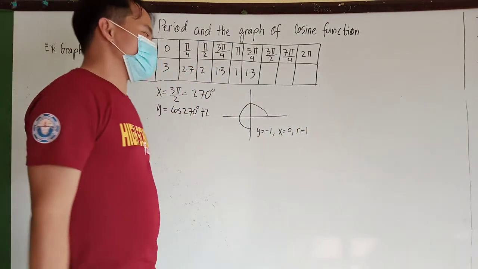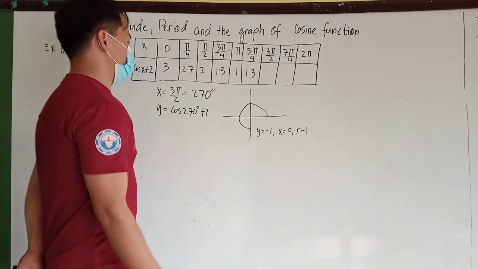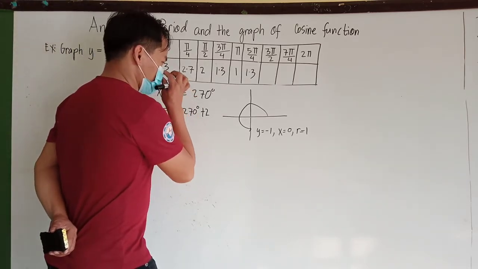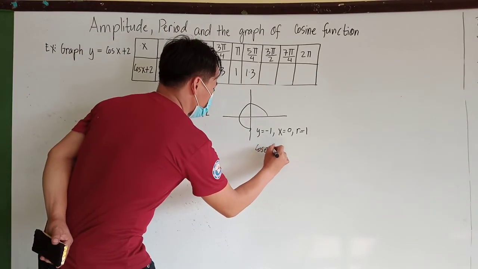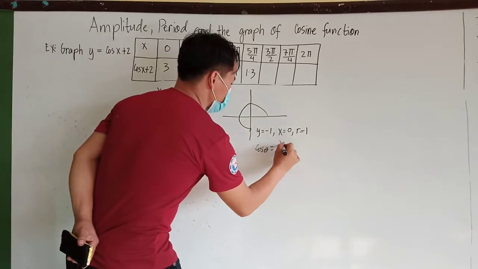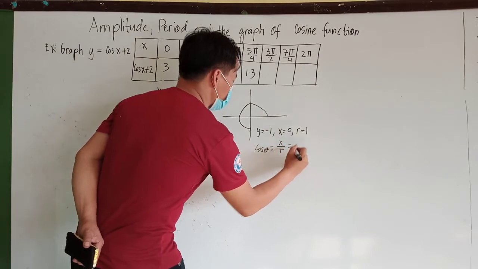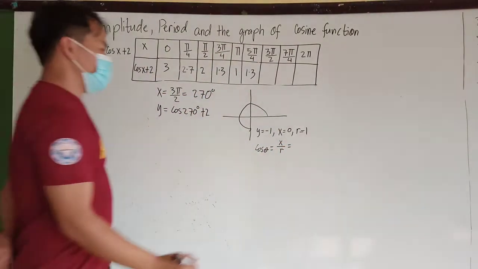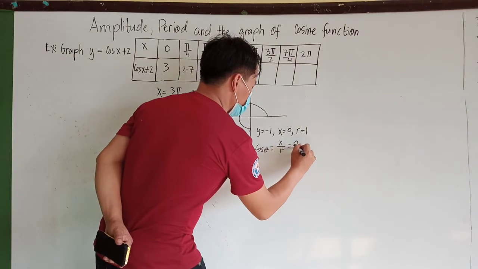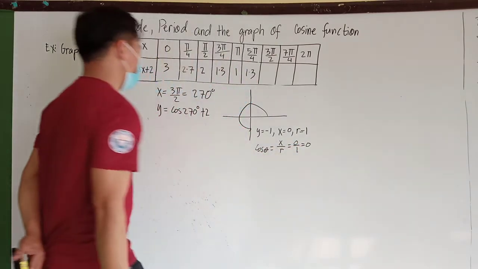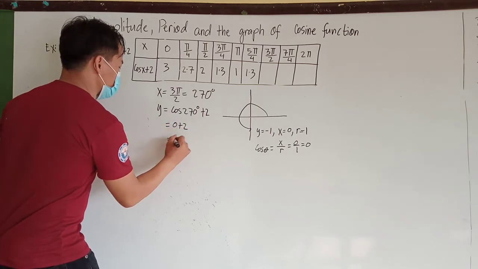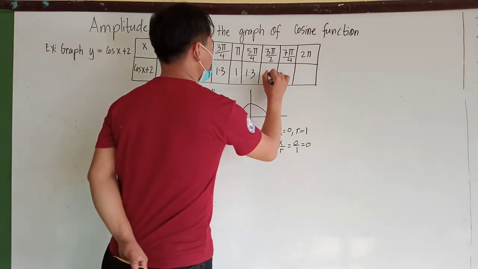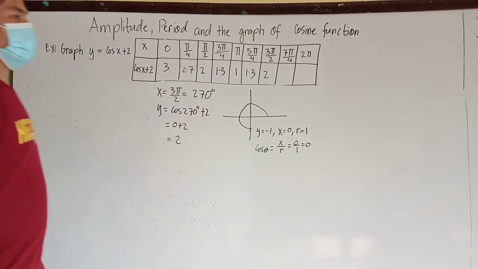The radius must always be equal to 1 for the unit circle. So using the definition of cosine theta, adjacent over hypotenuse, x over r, we have 0 over 1, the answer is 0. So cos of 270 is 0 plus 2, the answer is 2. So in here we have 2, for 3π/2.